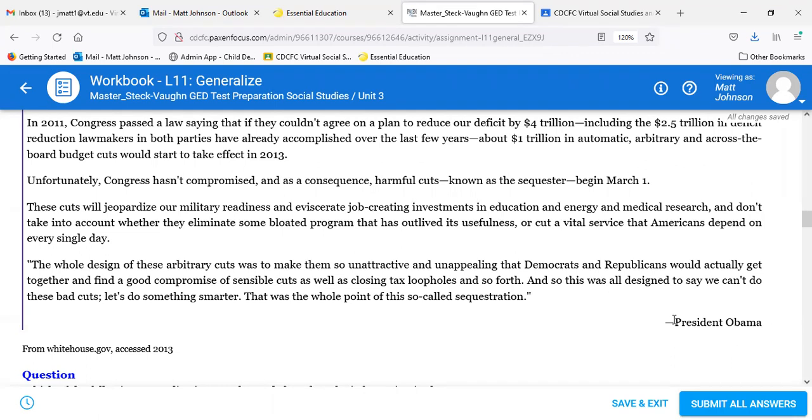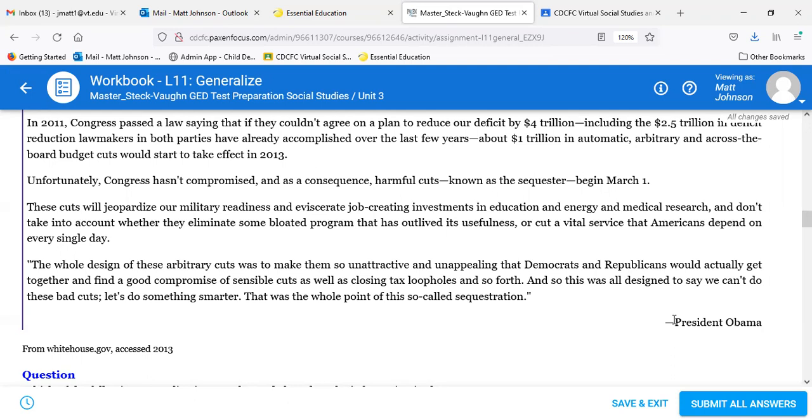What President Obama is saying here is that it should prompt Democrats and Republicans to work together to solve that issue. Sometimes parties will use that as a weapon to hurt the other party. It's like, okay, we're having budget difficulties, we're having spending difficulties, we're just going to let the government shut down. You may have heard this from time to time.